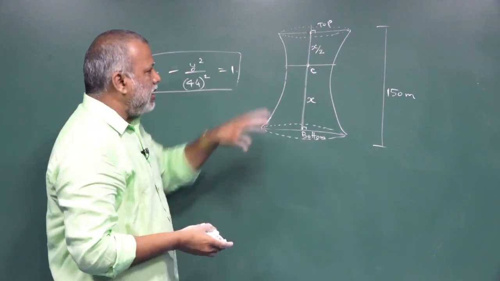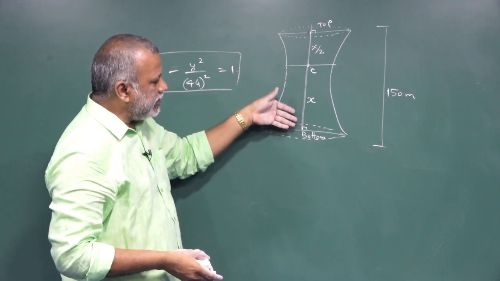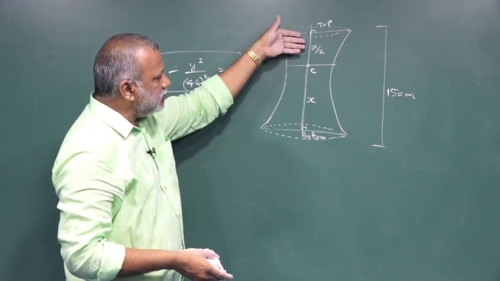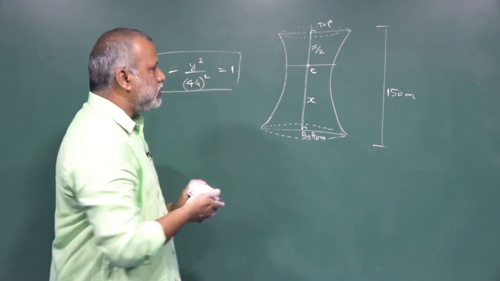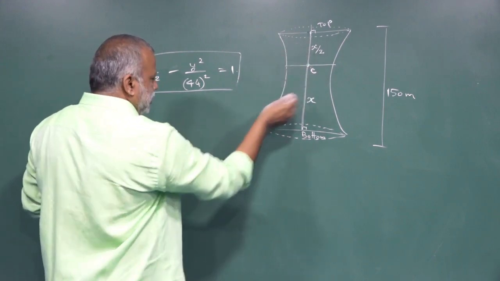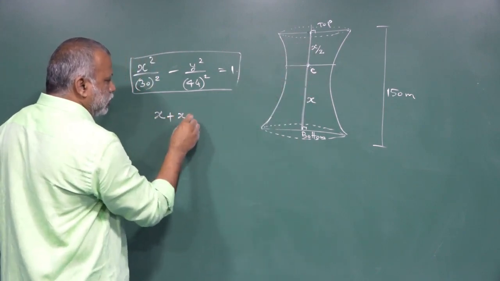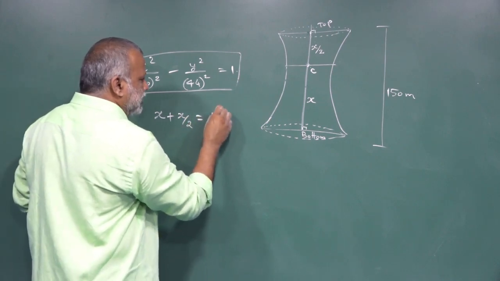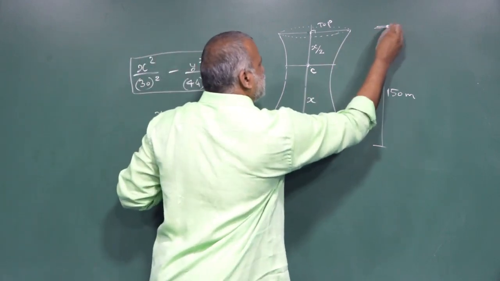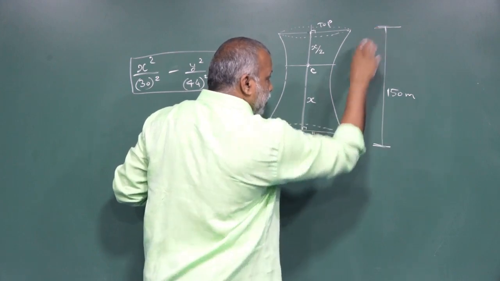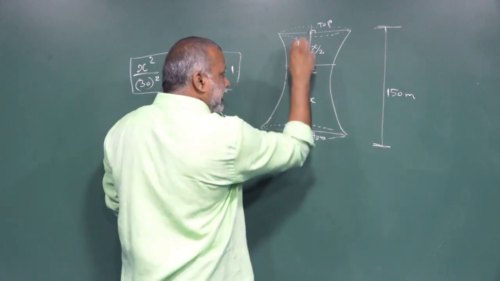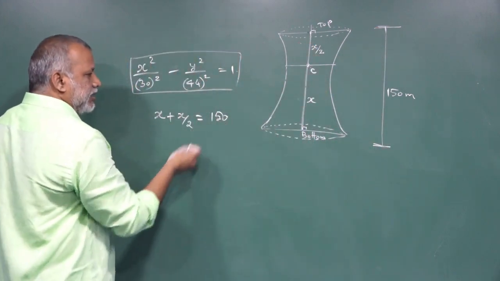The reason is that the distance from the top to the center is half the distance from the base to the center. So if we add these two, as per the given condition, x plus x by 2 will produce the total distance 150. This total distance 150 is given. So we can add and get 150.